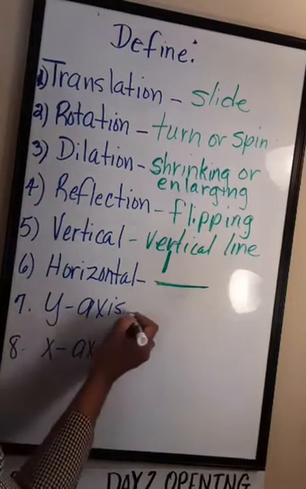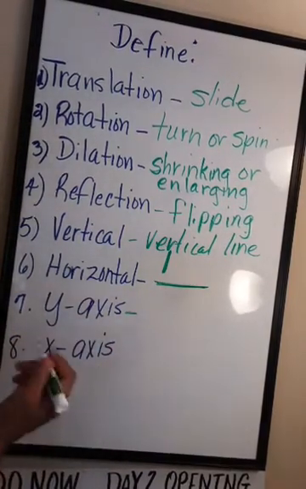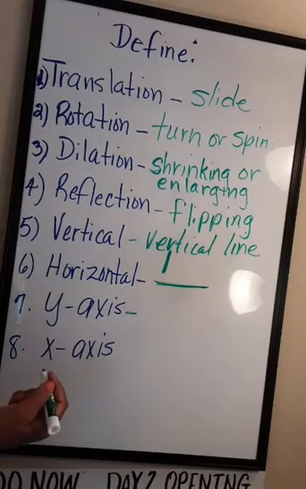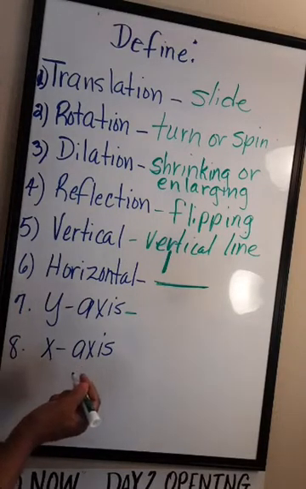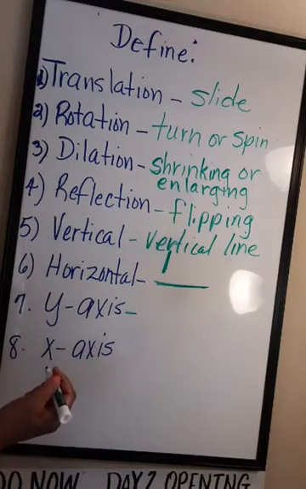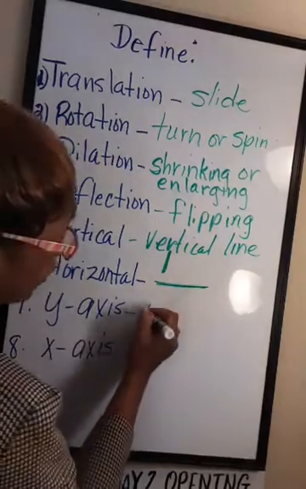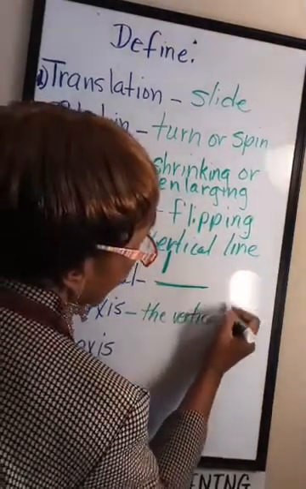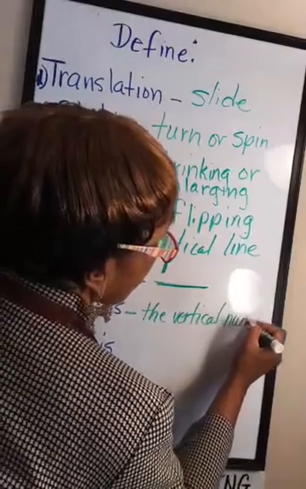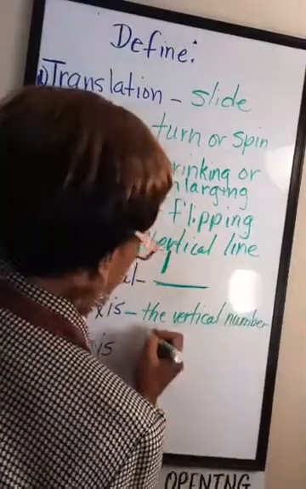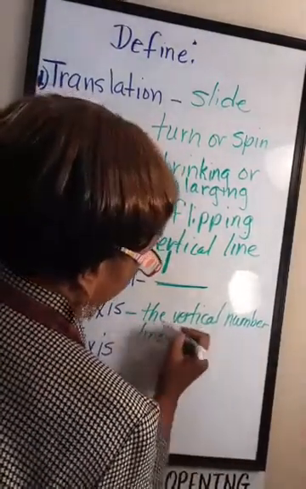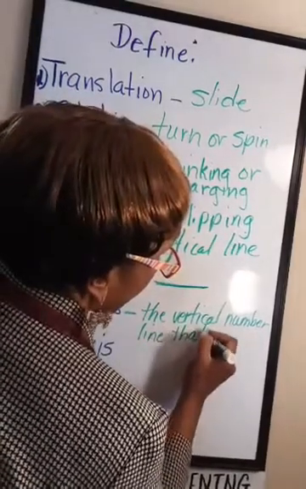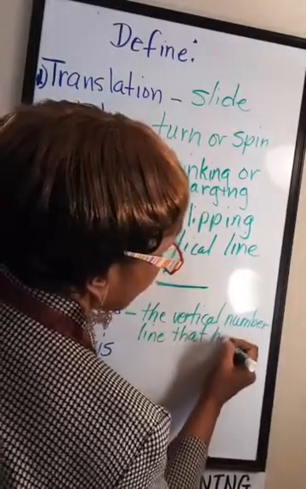The y-axis. What is the y-axis? It's the vertical number line that helps form the what?